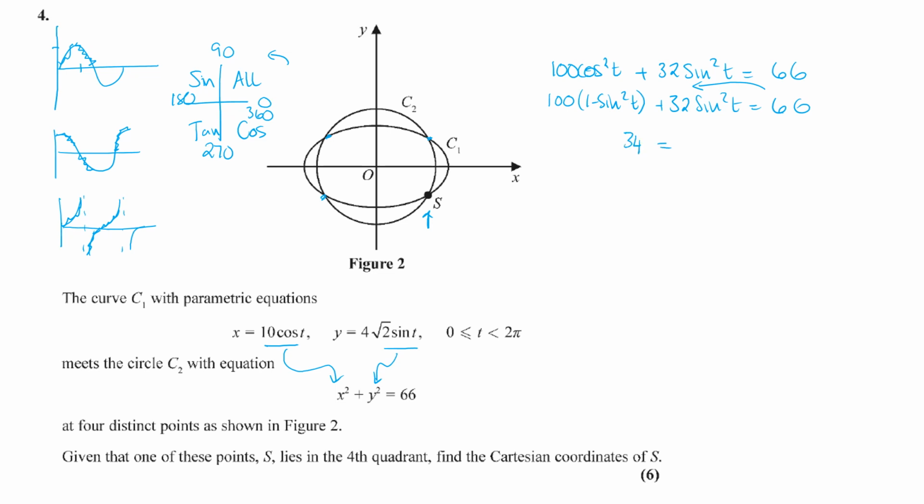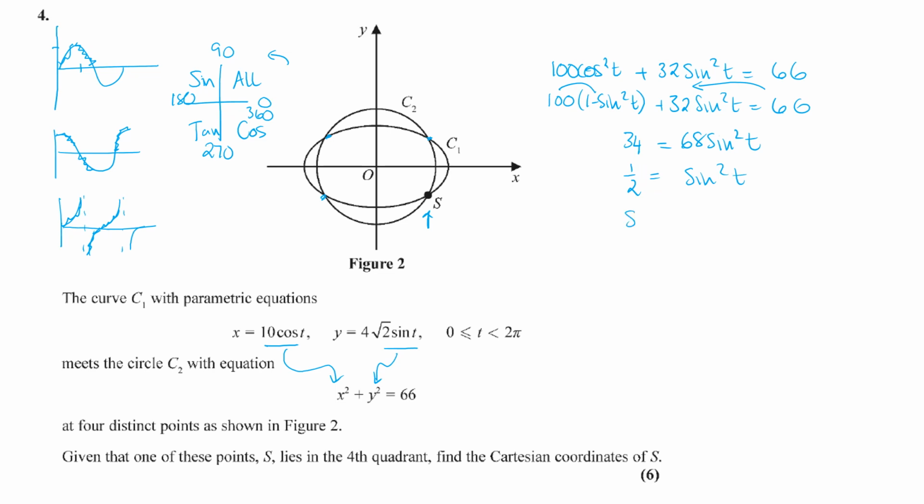And here I'm going to get minus 100 sine squared t plus 32, but take both those on the other side. I'm going to get 68 sine squared t on that side. So just dividing, I'm going to get a half is equal to sine squared t.